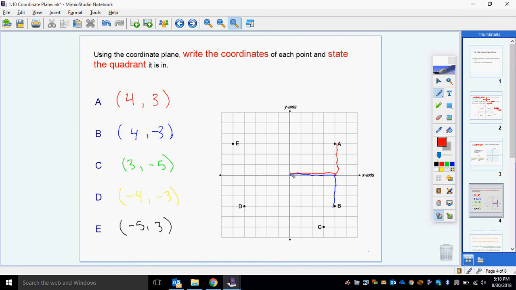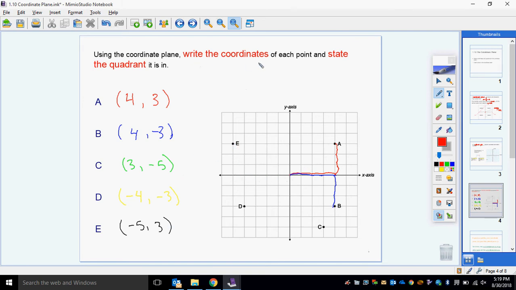For D, I had to go left 1, 2, 3, 4, so I got a -4. Remember, these numbers over here are negative. And then also I had to go down 3, so I got my -3 as the y-coordinate. Point E would be -5, but then I went upwards, so that's a +3.